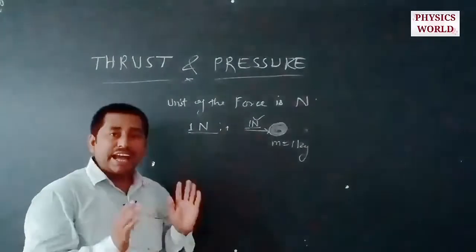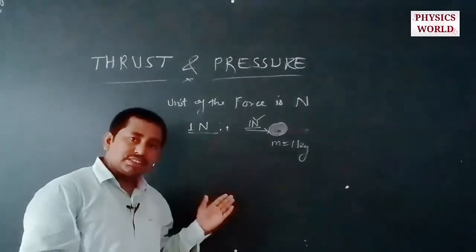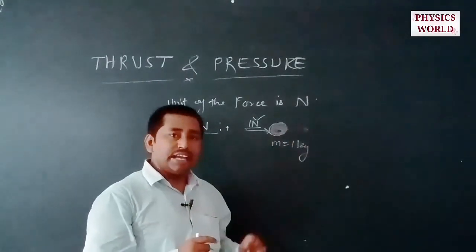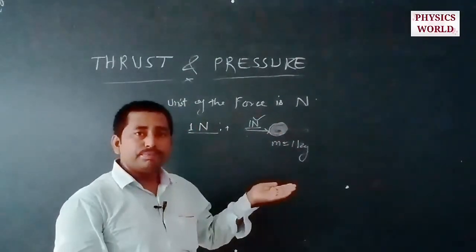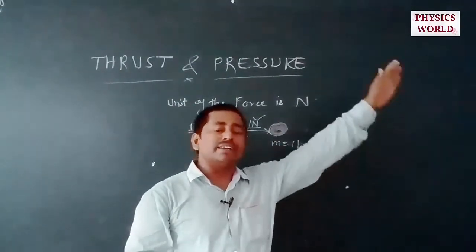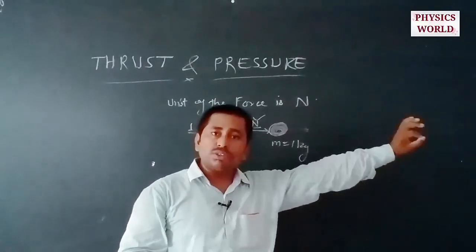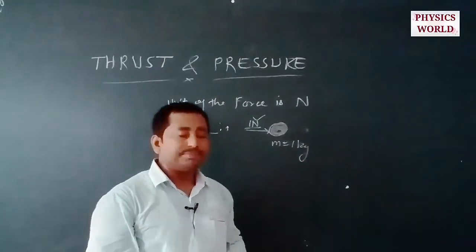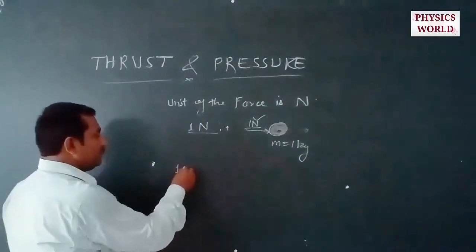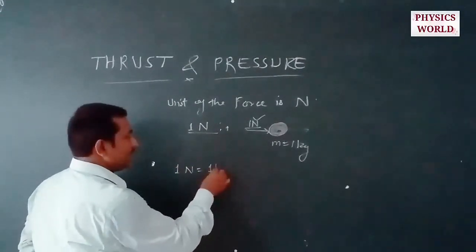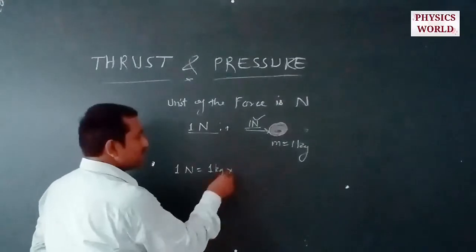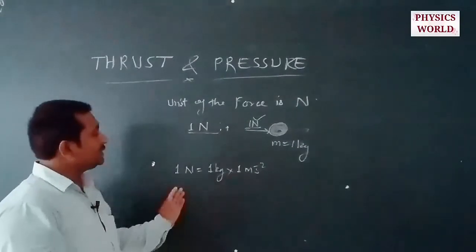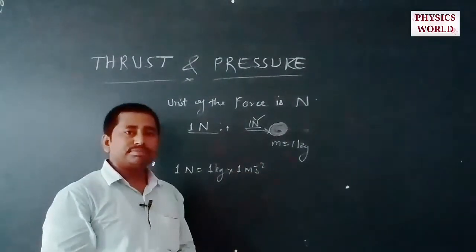So, 1 Newton is that amount of force which, when applied on any object of mass 1 kilogram, makes the object move along the direction of the applied force with an acceleration of 1 meter per second square.